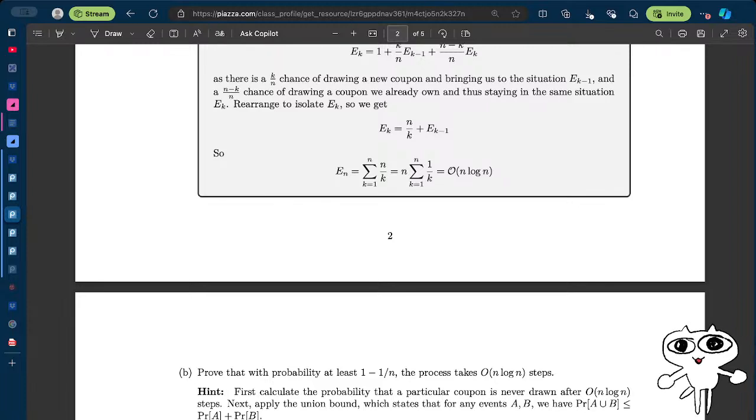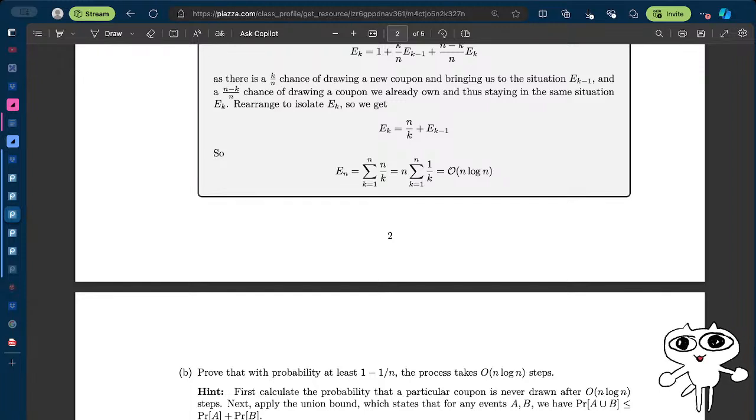Now I'm saying that the probability that the ith coupon is not drawn is 1 minus 1 by n, because the probability that it is drawn is 1 by n.